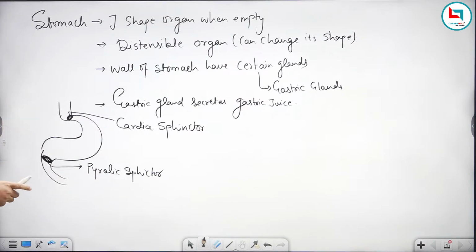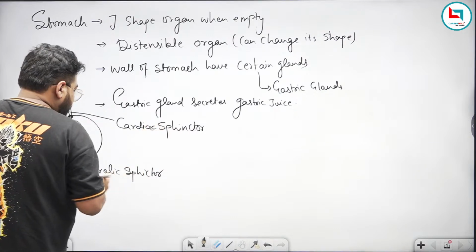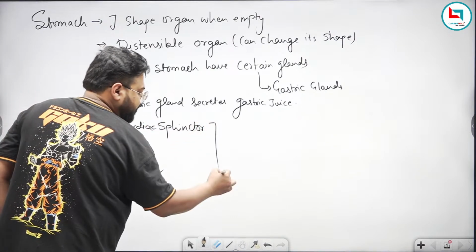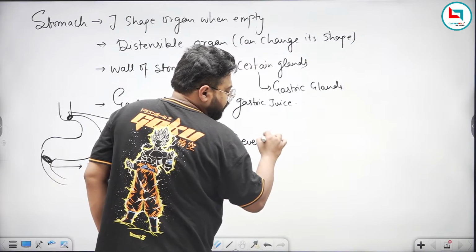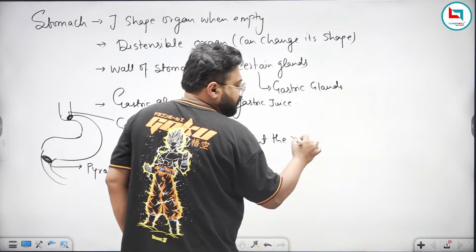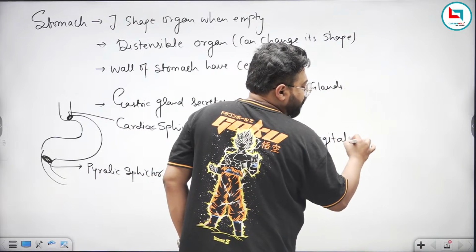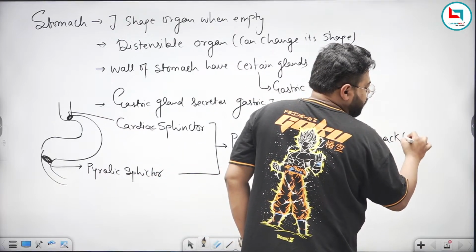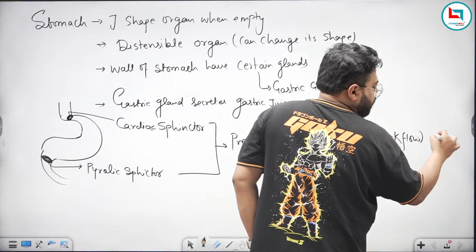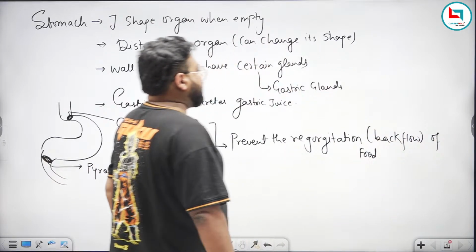Now these sphincters, the cardiac sphincter as well as the pyloric sphincter, prevent the regurgitation of food. Regurgitation means backflow of food. Fine.